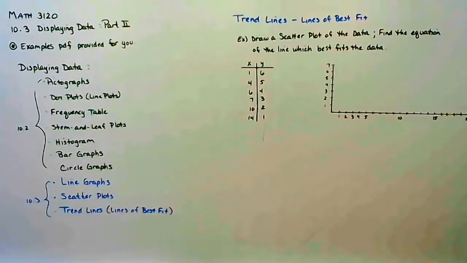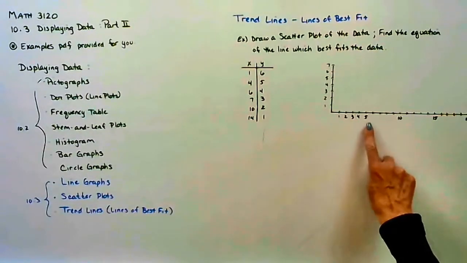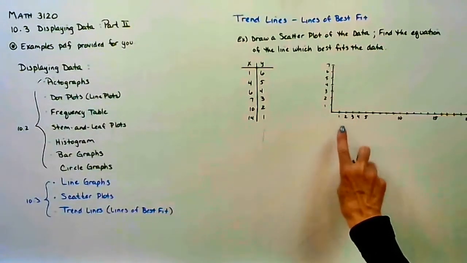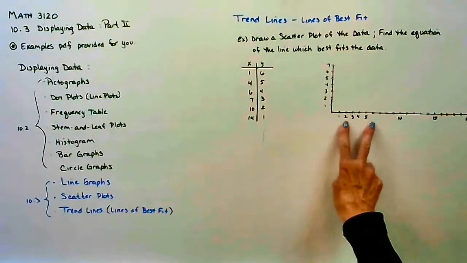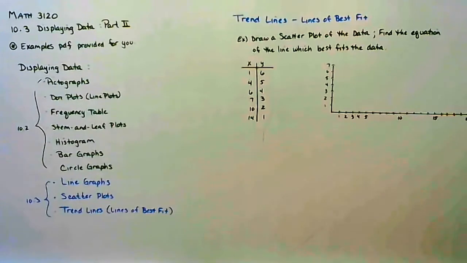All right, here is the next example, the example of trend lines. And basically you have taken your survey and here are your results. So the first thing we want to do is create a scatter plot, just like we did before. And I didn't fill all these in because they were going to start getting crowded. I started counting by 5s.